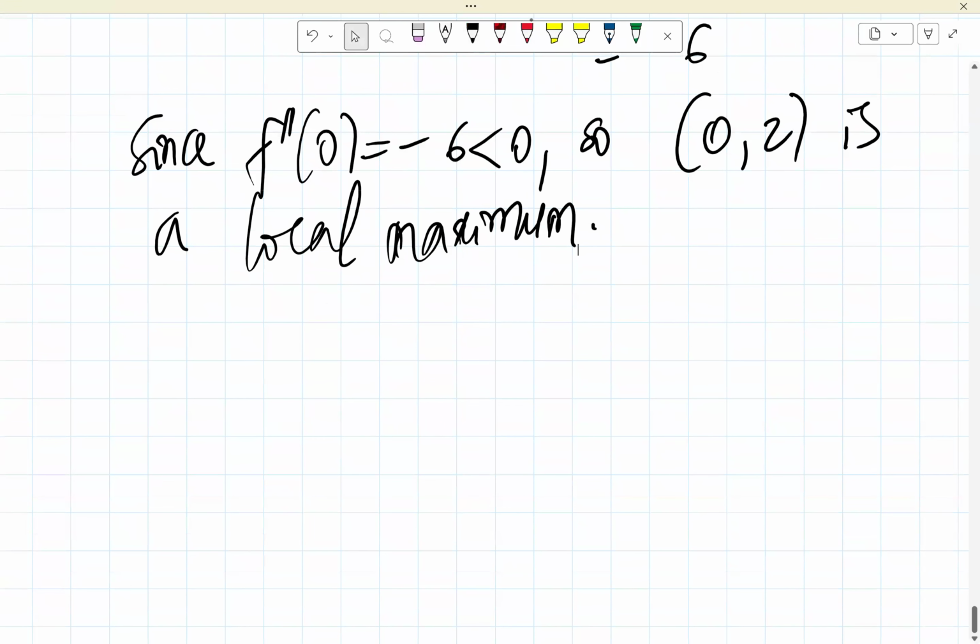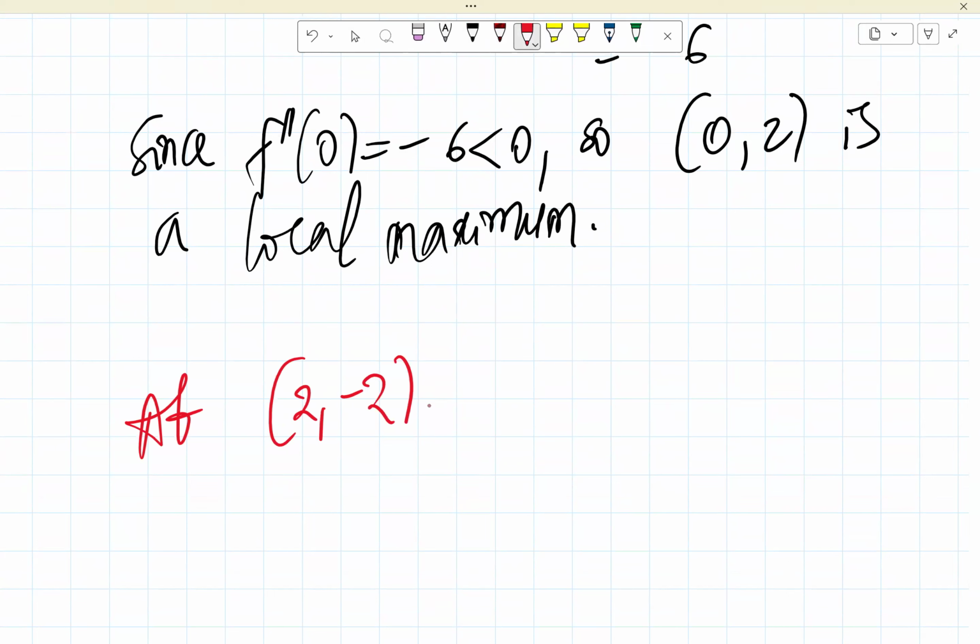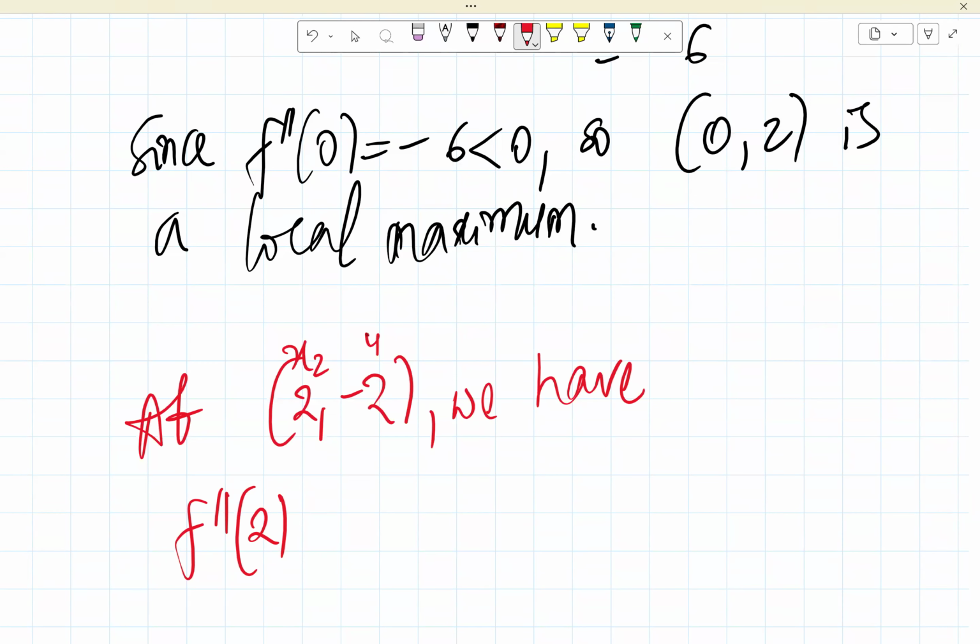So for the other one, at 2 comma minus 2, the other critical point, we have f prime prime of 2. It's the x value you want, x2, y2 now. F prime prime of 2 is now 6 times 2 minus 6.